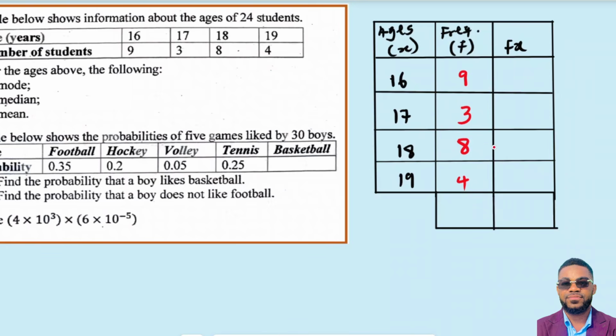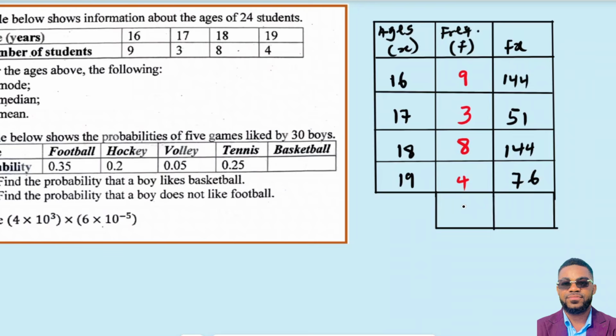So you're going to get the f of x, that means the product of the f and the x. So 16 by 9, that's going to be 144. And 17 by 3, that is 51. 18 by 8, we have another 144. 19 by 4, we have 76 here.